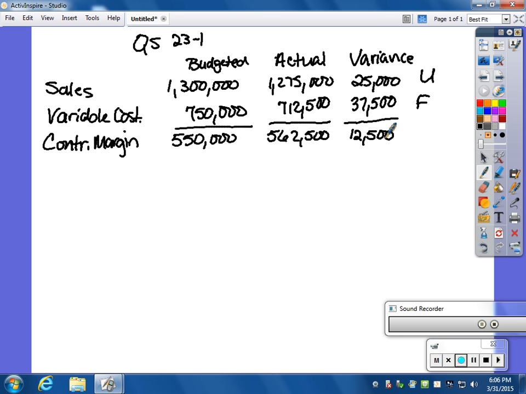Okay, fixed cost is the next line. How much did we have for fixed costs? How much was actual? Was there a variance? No. No variance. What's next? Say it again. You subtracted. Income from operations.